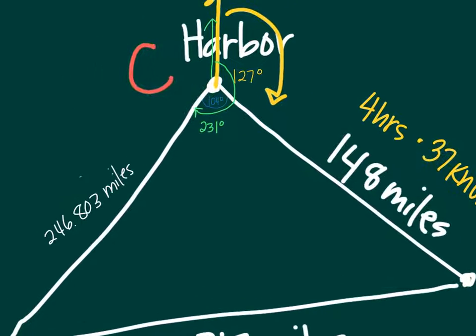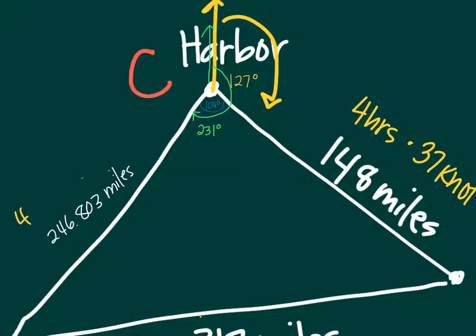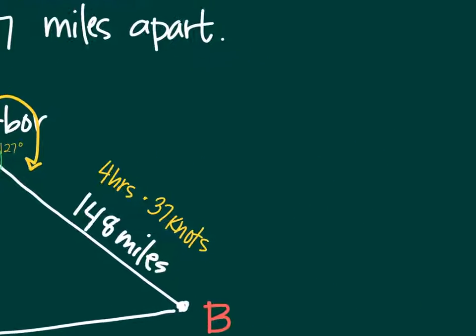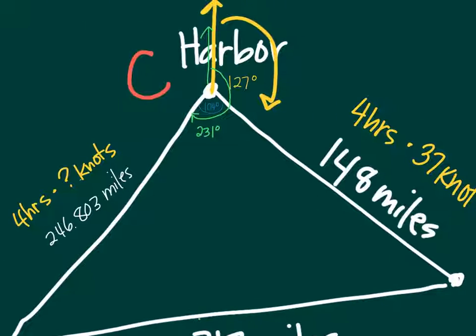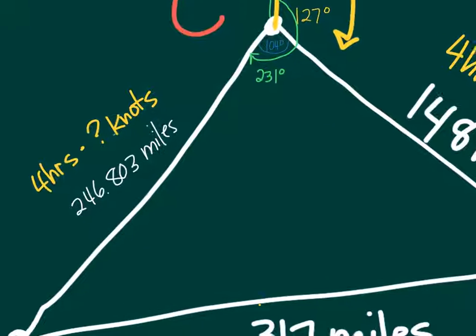The other ship over here has the same 4 hours because they left the harbor at the same time. We just need to figure out how many knots it would take to get to a total of the miles. So we just do the reverse. On this side, we multiplied 4 times 37. That gives me 148. If I'm on this side, I need to work backwards.